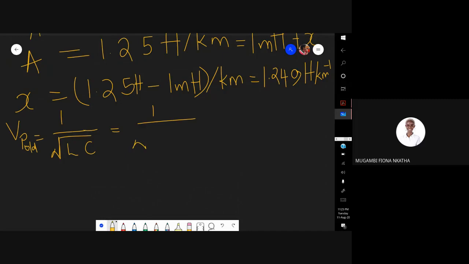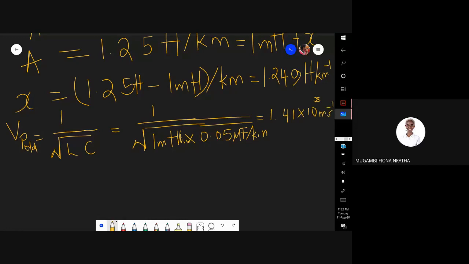When you punch in 1 millihenry times the capacitance 0.055 microfarads, and remember all this is in kilometers, I'll write it nicely and send to everyone. So when you do the old phase velocity, you get 1.41 times 10 to the power 8 meters per second.